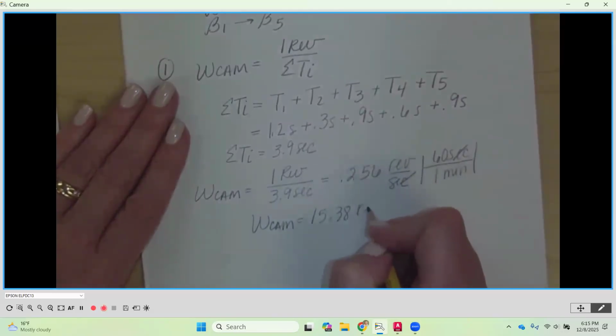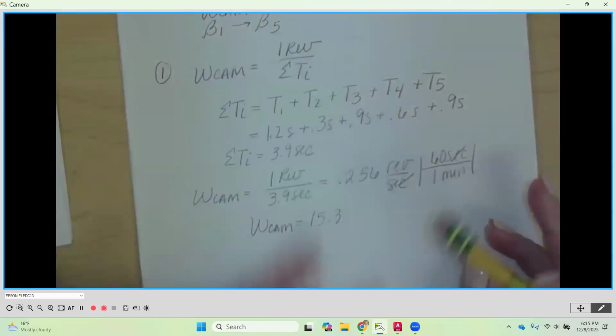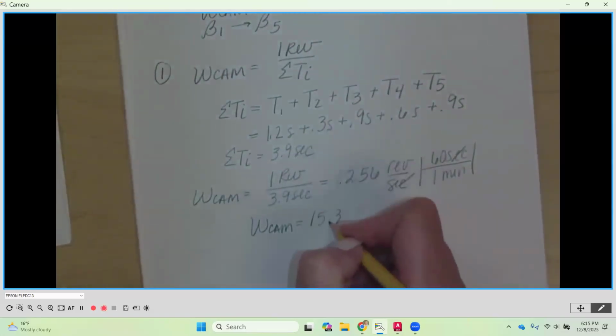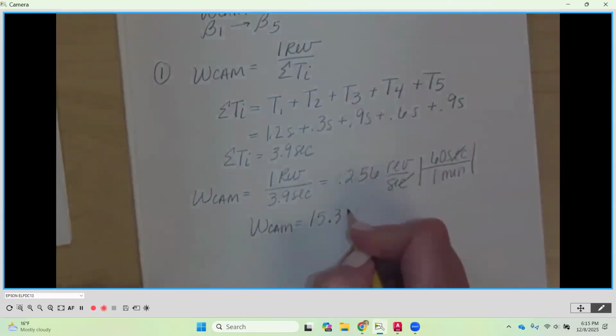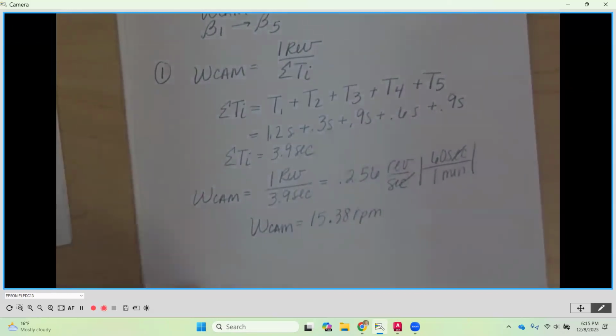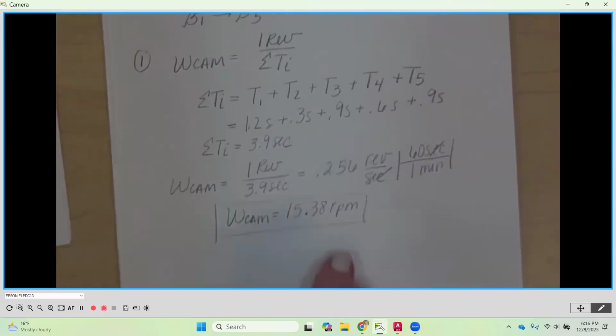Is that what you get? 3.6? Okay, anybody else? 3.8. I'll leave 3.8 just because I'm looking in the book and that's the very same thing that they got, just to be consistent with them. So this would be the angular velocity of the cam to achieve the total time that we have there on 1 revolution of our cam.